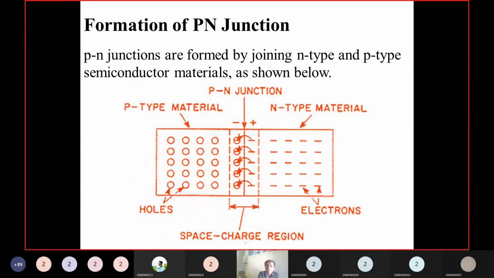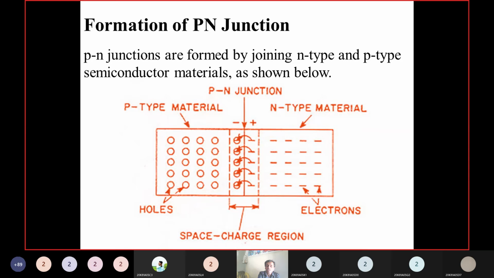If you apply any voltage, some charge carrier flow will be developed, depending on the direction of the applied voltage. Without any external source, there is no flow of electrons or holes in a PN junction diode.